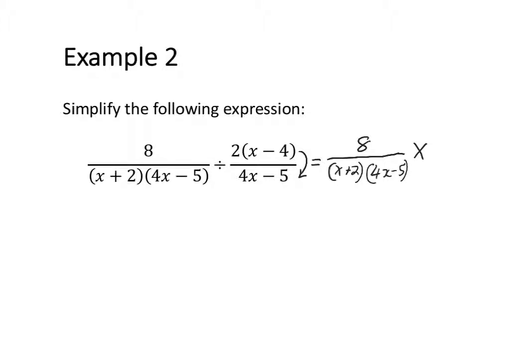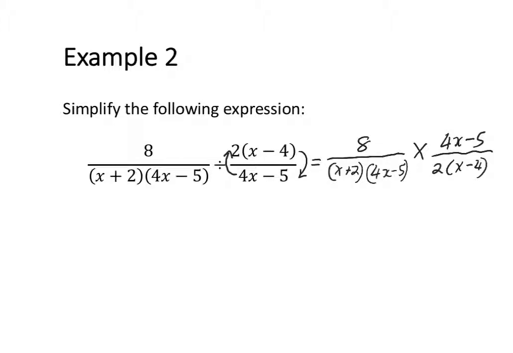So my numerator comes down to become the denominator, and the denominator goes up to become the numerator. So it becomes 4x minus 5 over 2x minus 4. So my new expression is 8 over (x plus 2)(4x minus 5), multiplied by (4x minus 5) over (2x minus 4).